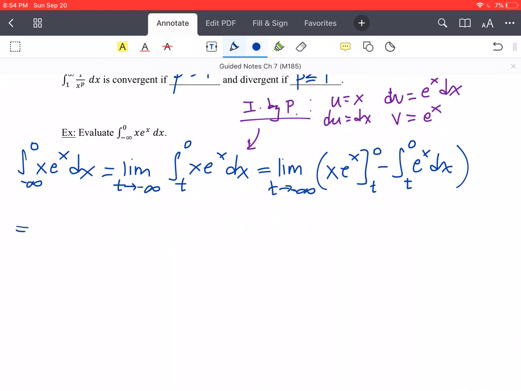So we get the limit as t approaches negative infinity. We'll evaluate this first one, so that's going to be 0 times e to the 0, so that's just 0, minus t e to the t. So we just get negative t e to the t, minus e to the x evaluated from t to 0.